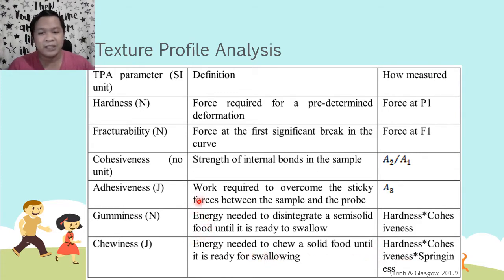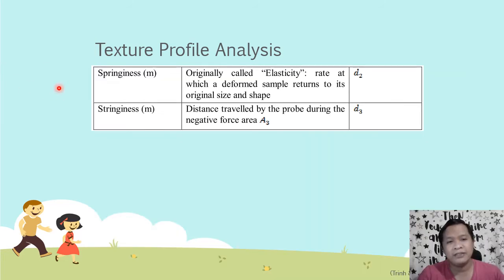So, mahirap ang i-digest sa ngayon, but if you're gonna interpret texture profile analysis results, you better take this into mind. So, I suggest you switch between this and the previous slide and try to see kung ano yung meaning nun sa graph. Lastly, we have springiness and stringiness.